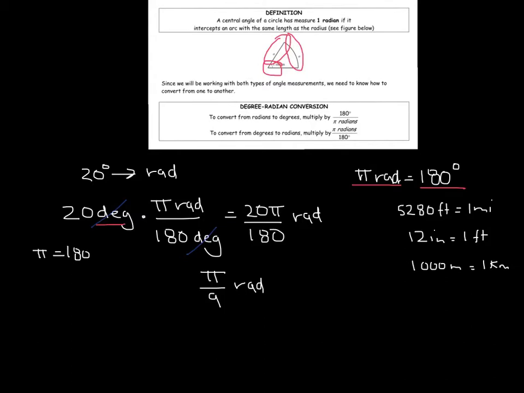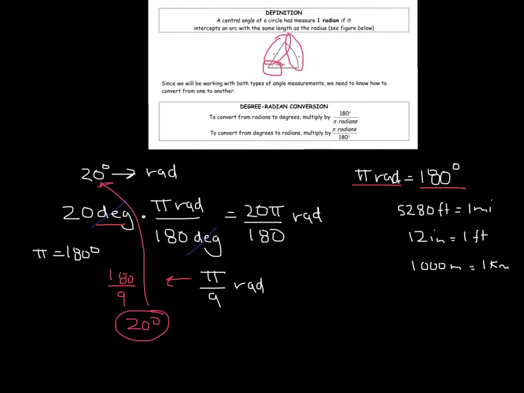I know you're used to thinking pi as 3.14, and that is the value of the symbol pi, but a pi in terms of radians is going to be 180 degrees. And so you can always check your answer, because if you take this pi and you just make it 180 degrees, divide by 9, what do you get? You get 20 degrees, which is the same thing that we started with.